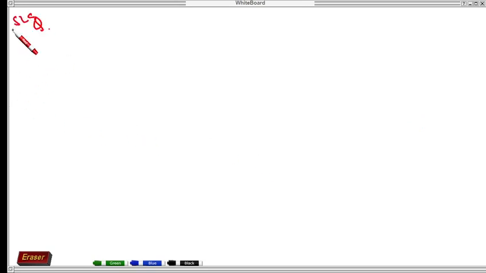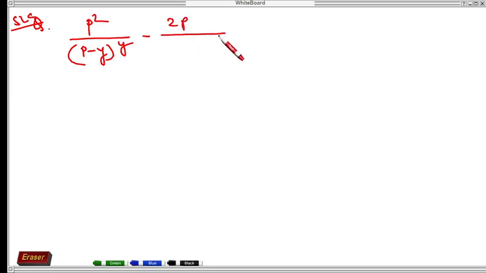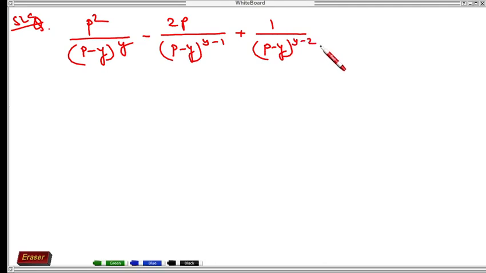The question is p squared over (p − y)^y minus 2p over (p − y)^(y−1) plus 1 over (p − y)^(y−2). So this is a very interesting question, dear students. Okay, it's very interesting. Let me solve this.